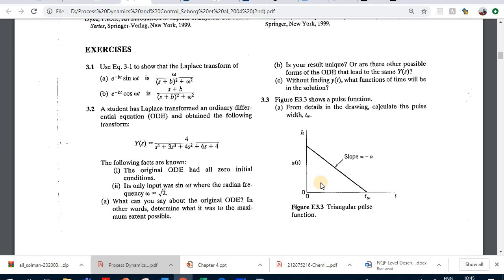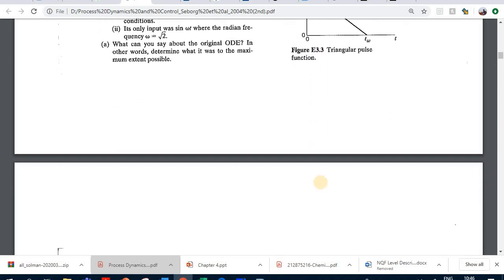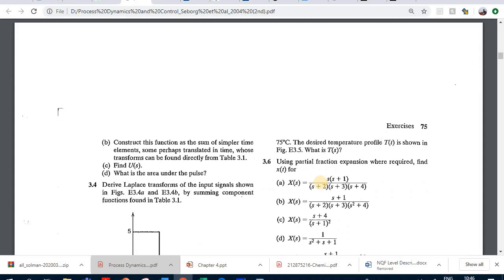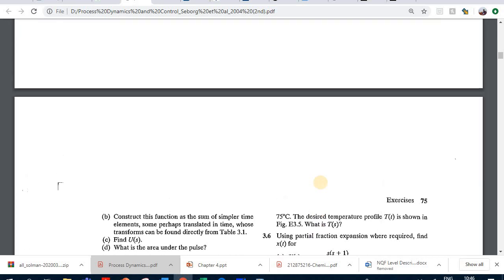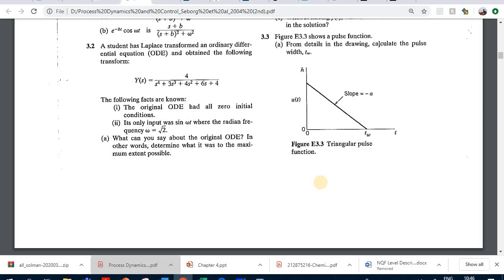I think this is not the kind of question that we would really care about, but we need to understand how this response looks.